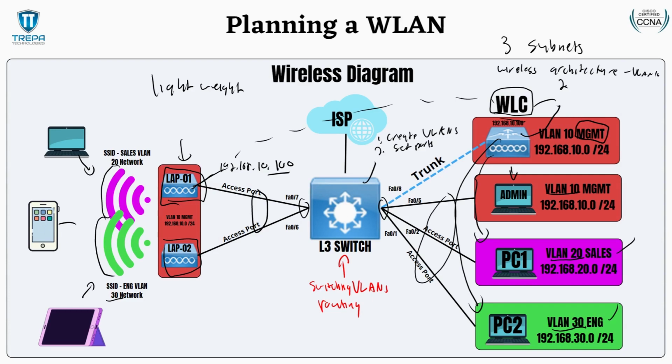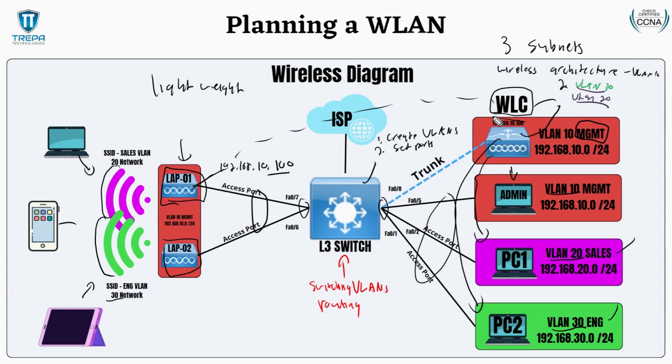One logical interface being for the VLAN 30 subnet, and one logical interface being for the VLAN 20 subnet. And then those logical interfaces kind of act like SVIs, where for all of our wireless connections, that's how the wireless LAN controller is going to know it's part of that subnet, right?